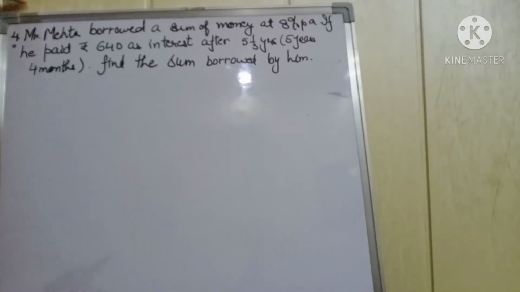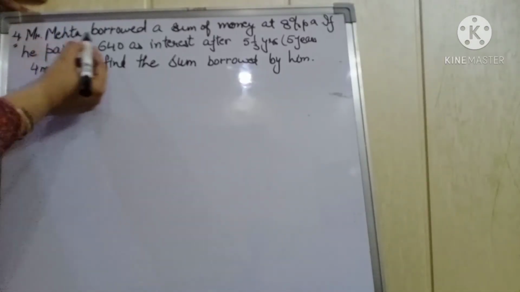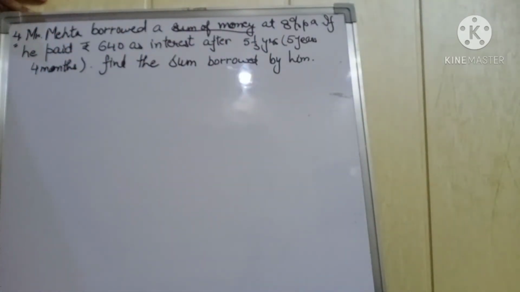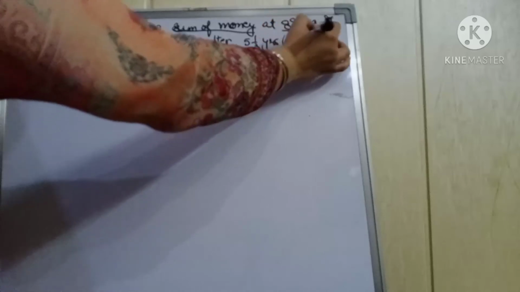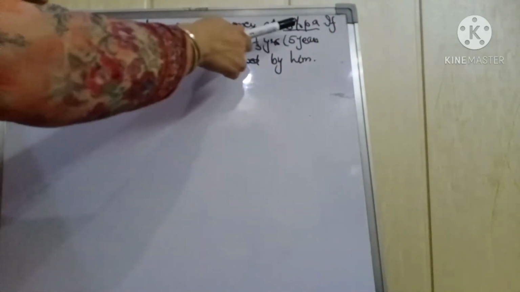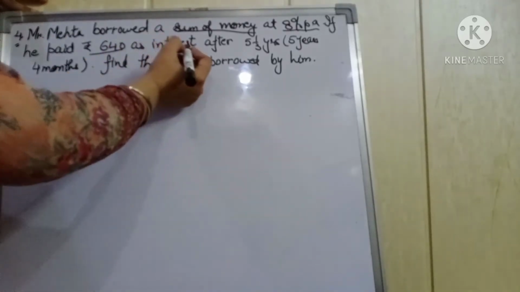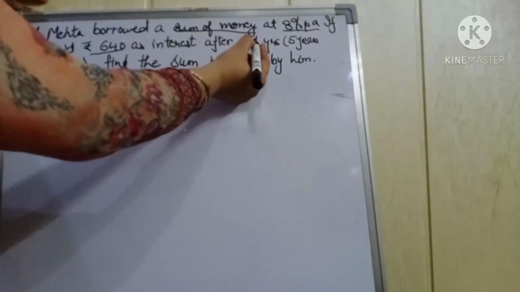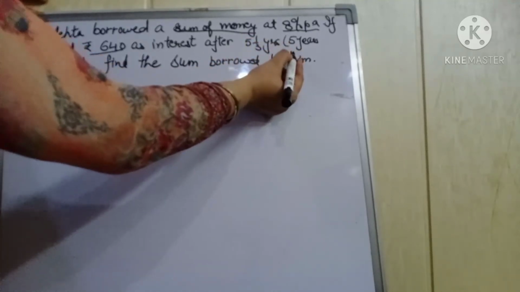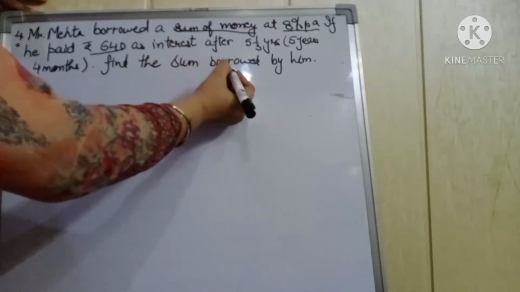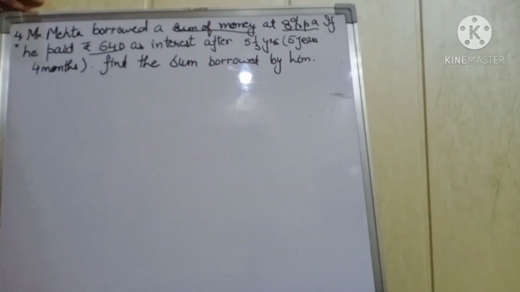Now see sum number 4. Mr. Mehta borrowed a sum of money, sum of money means principal, at 8% per annum. Rate of interest is 8%. If he paid 640 as interest after 5 and 1/3 years, meaning 5 years 4 months, find the sum borrowed by him. What do you have to find here?